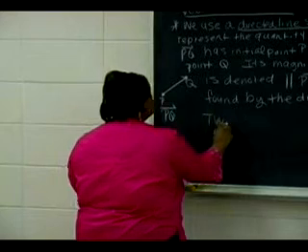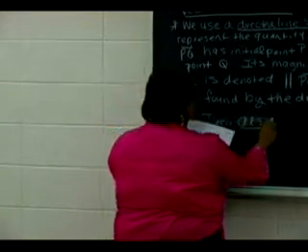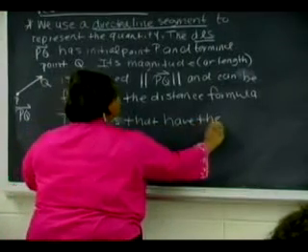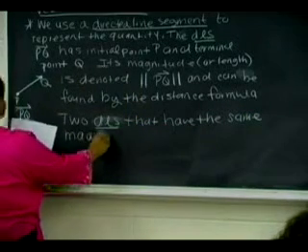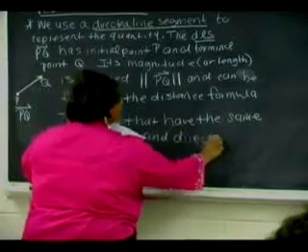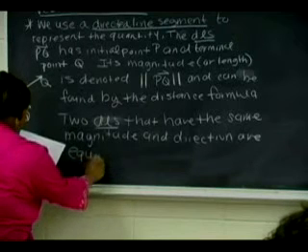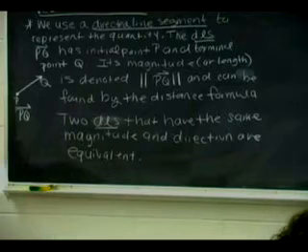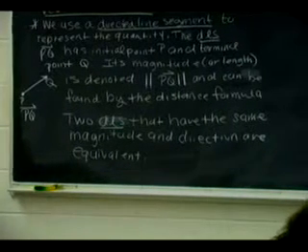Okay. Two directed line segments that have the same magnitude and direction are equivalent. They are equivalent. So, two directed line segments having the same magnitude and direction are equivalent.